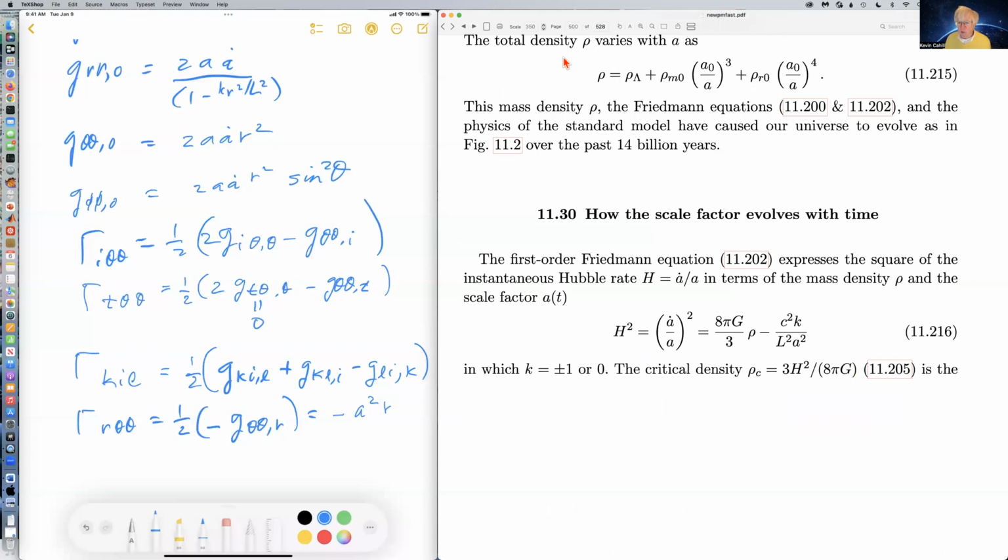In any event, what one does is one takes this and substitutes it in here, and this then allows one to compute something. And so here we have A dot over A squared, which is the square of the Hubble frequency, is the mass density, which is these terms in our simple model, and then a geometrical factor.